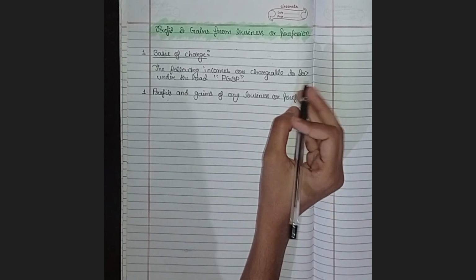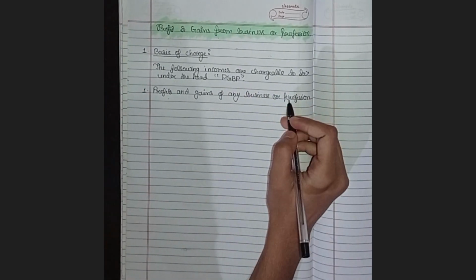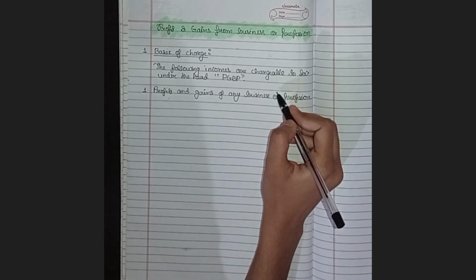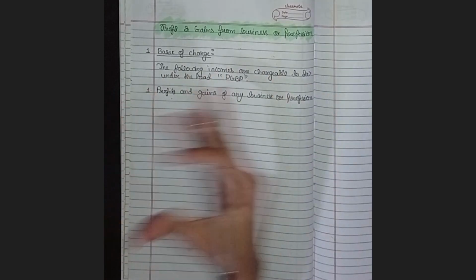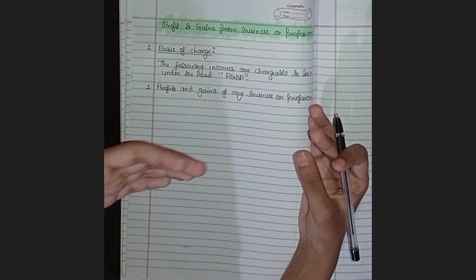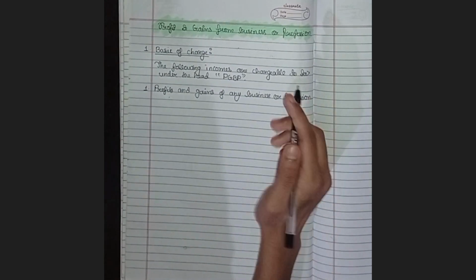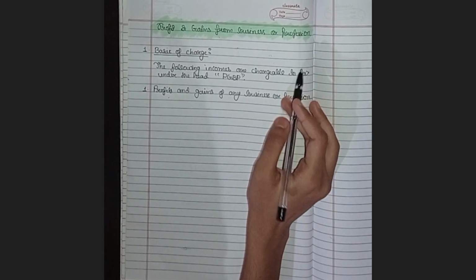I know any income is chargeable under the Income Tax Act 1961, but in which head would my income of business and profession be chargeable to tax?